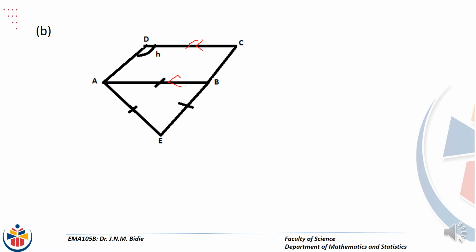So DC and AB are equal and parallel. And then also AD and BC are equal and also parallel.